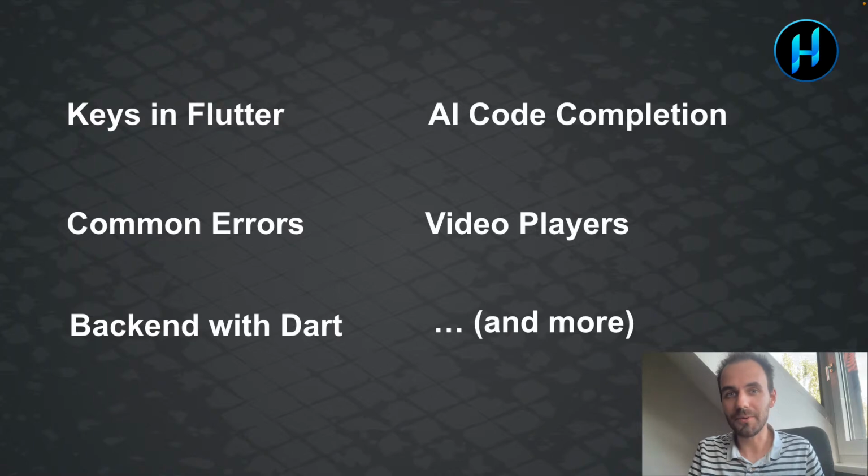Then we will talk about different AI code completion tools, how to use them, and what the differences are. We will also talk about some common errors that you might face as a Flutter developer during development, choosing the right video player for your Flutter project, backends, how to use a server application, and many, many more things.